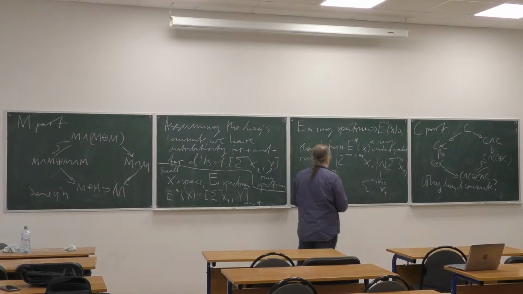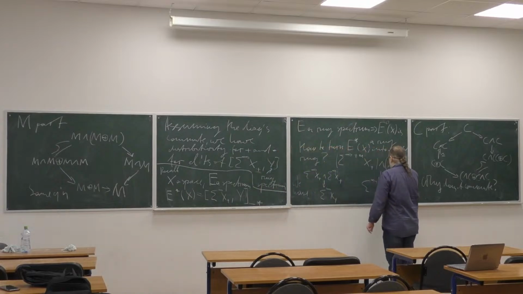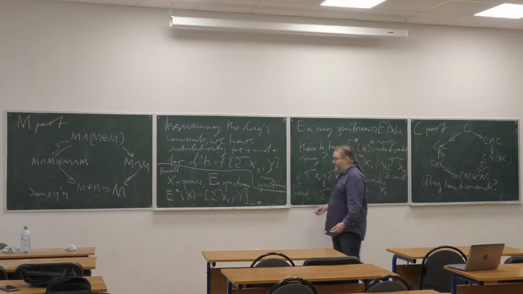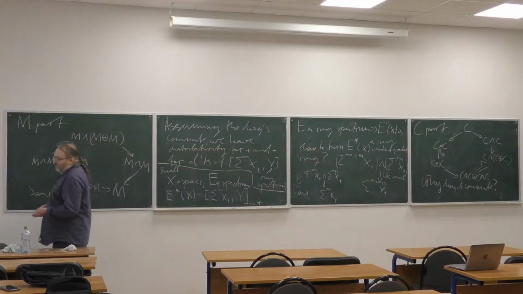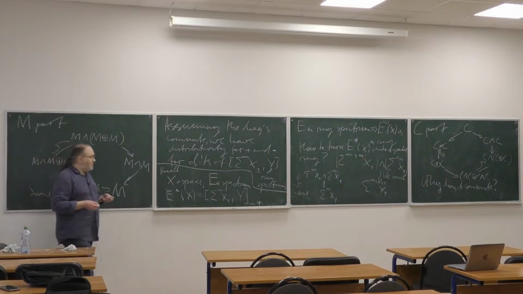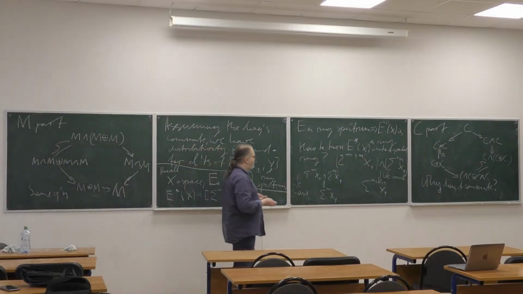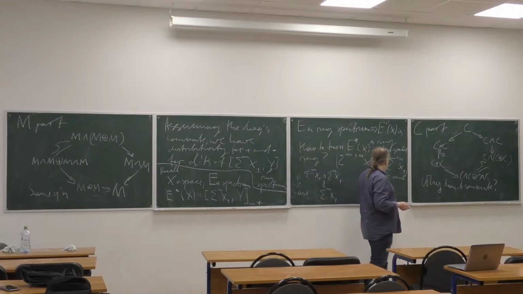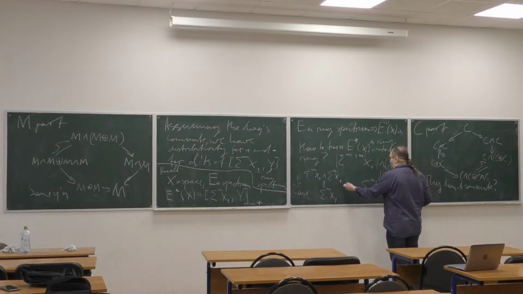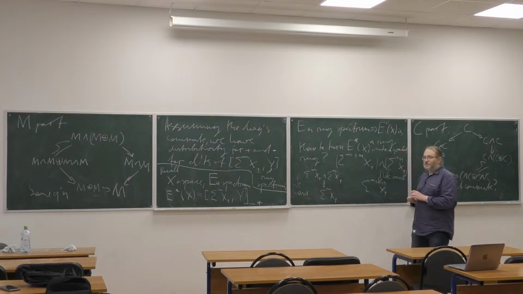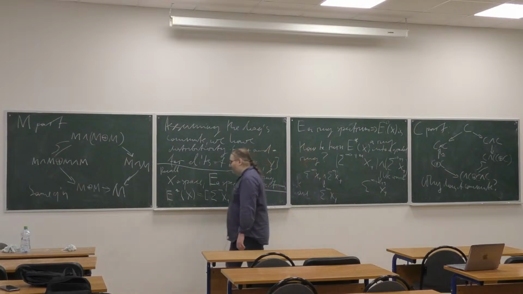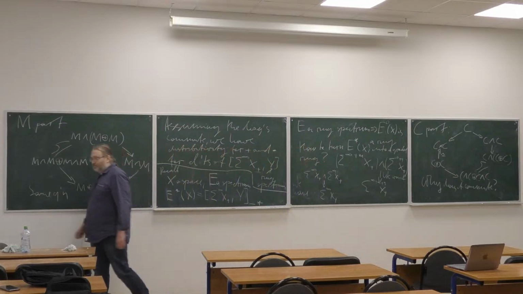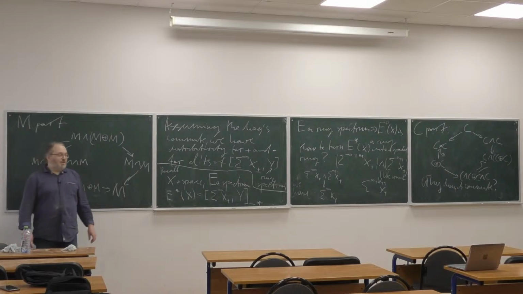So we have this. And we want this. How to get this starting from this? Are there any suggestions?